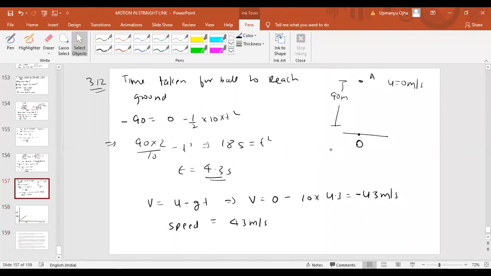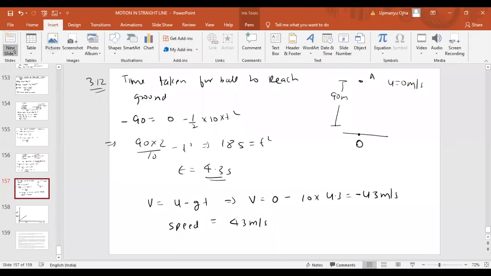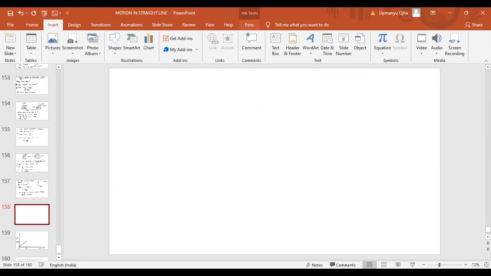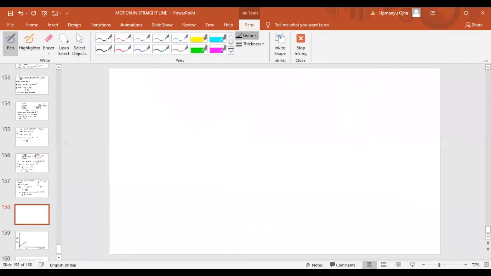Now when it hits the ground, it loses 1/10 of the speed, means when it rebounces. When the ball rebounces, what is the speed of the rebounce?